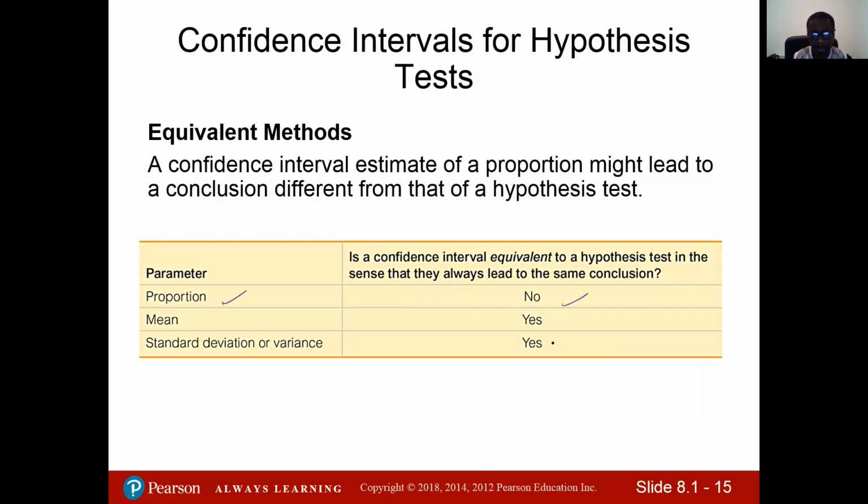It doesn't work that way. But for the mean and standard deviation, it will always arrive at the same conclusions. So this is just information I'm giving you. We'll not be using this for formal testing, but we can also use a confidence interval to test about the mean. In fact, if you remember, we used the confidence interval to see whether it overlaps, as we saw in section 7.2.